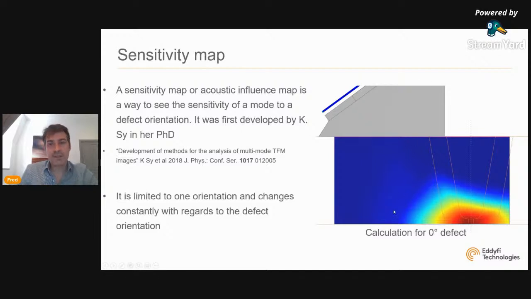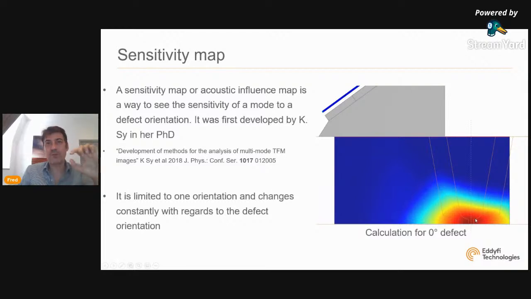And the idea of this sensitivity map is to kind of draw within the region of interest of the TFM the sensitivity of one mode, so here the 3T, to one defect orientation. So here we are only looking at purely vertical defect all across the region of interest. And we see that for this configuration, the one we have selected with the probe in the region of interest, we will be very sensitive right here.